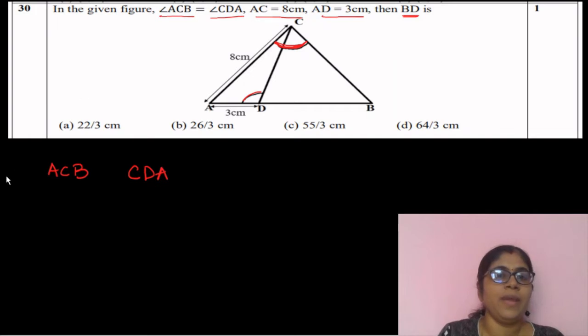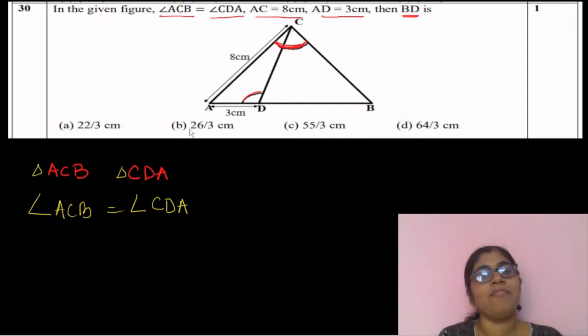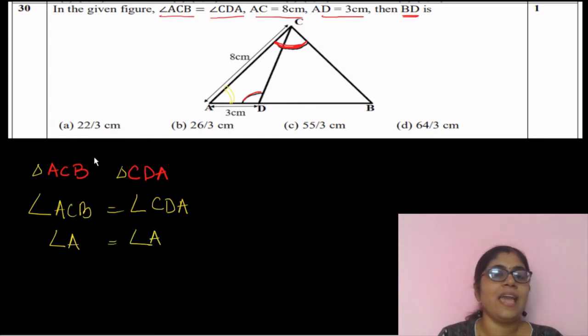In between triangle ACB and triangle CDA, our angle ACB equals angle CDA already given, and angle A is the common angle. So we can say from AA criteria, triangle ACB is similar to triangle CDA. And as both the triangles are similar, then their corresponding sides will be proportional.